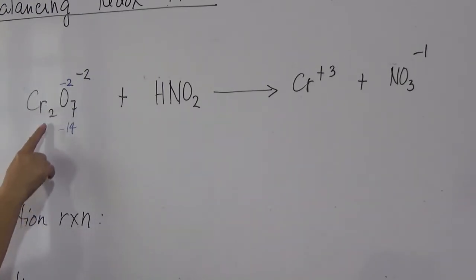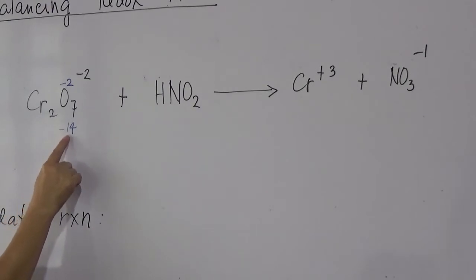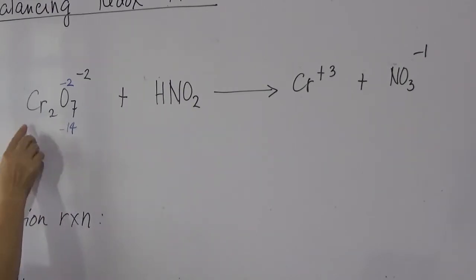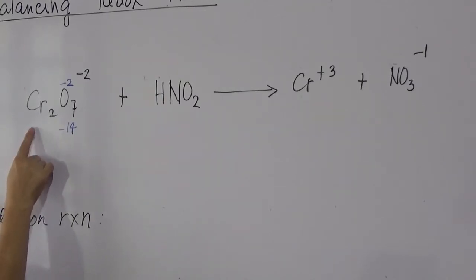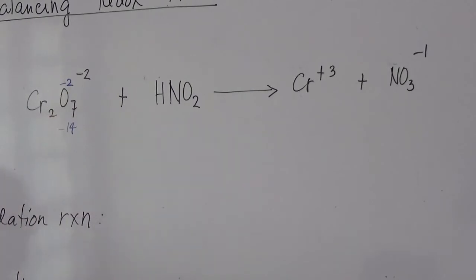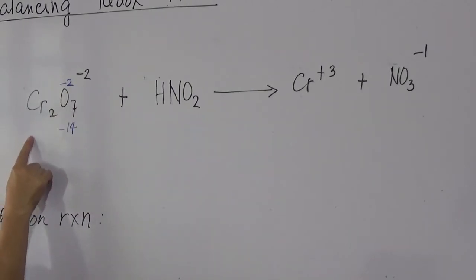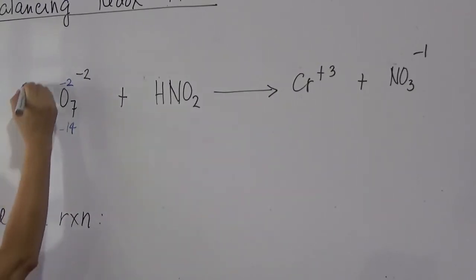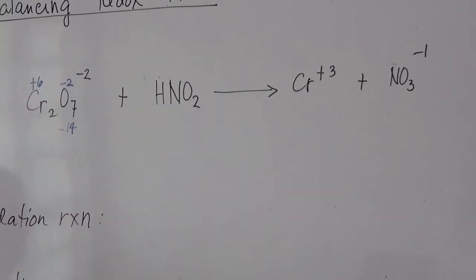Since you have -14, the total must be +12, so that +12 minus 14 would be equal to -2. If it is +12 divided by 2, that is +6. Therefore, the oxidation number of chromium here is +6.